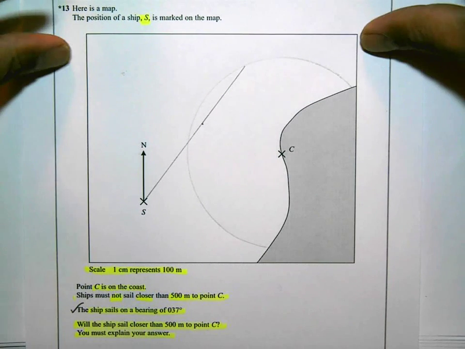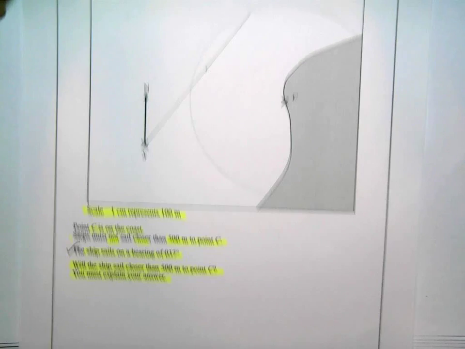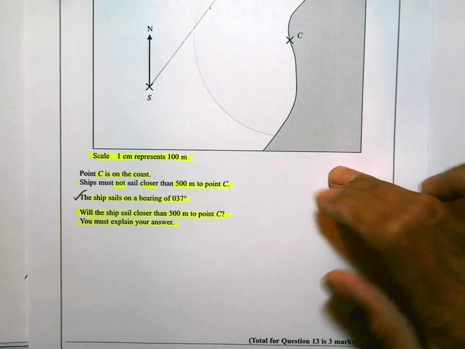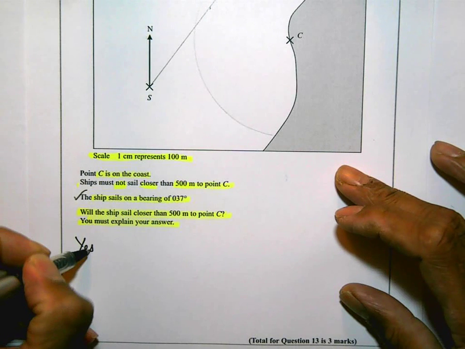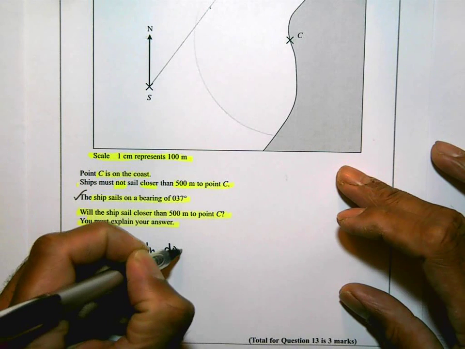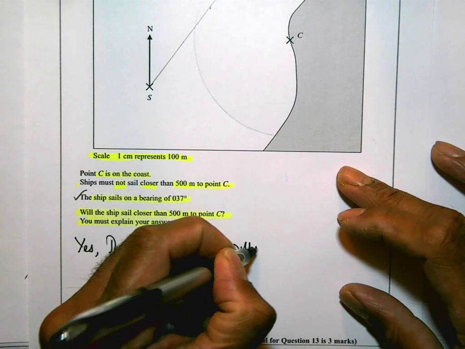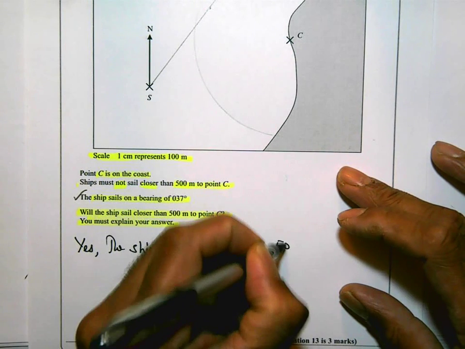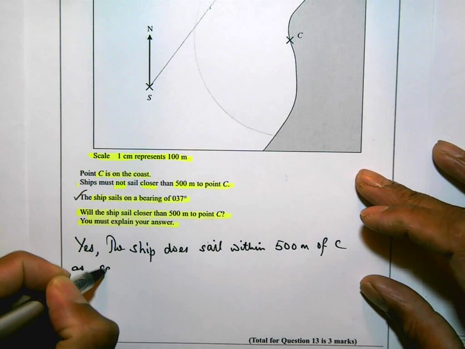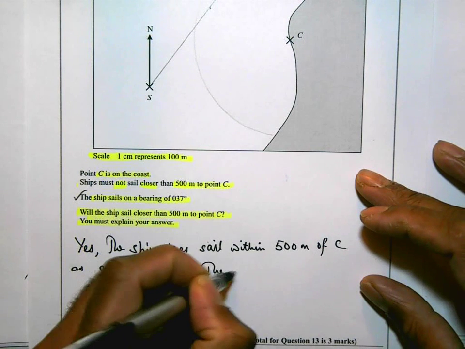So I need to write down an explanation, and I need to say yes. Yes, the ship does sail within 500 meters of C, as can be seen in the diagram above.